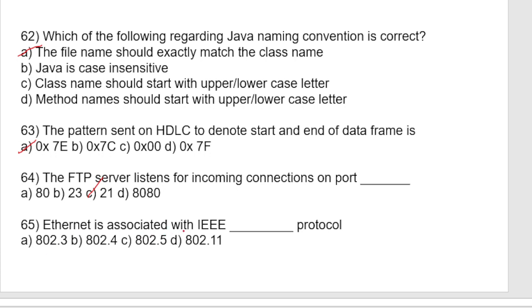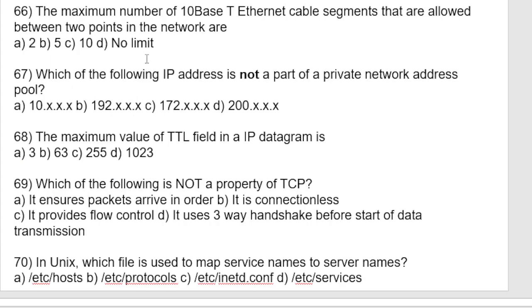Ethernet is associated with which IEEE protocol? 802.3 protocol. The maximum number of 10 Base T Ethernet cable segments that are allowed between 2 points in the network is 5.